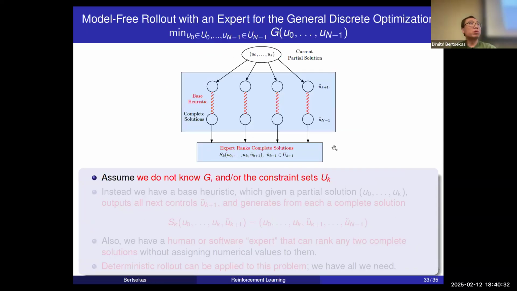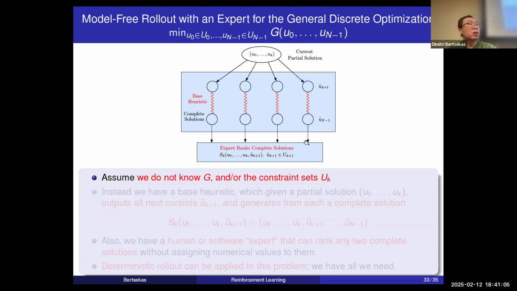Well, up until this point, we have talked about problems where we know the system dynamics, we enumerate all the possible controls at the current stage, we run simulation according to the base heuristic, we compute the Q factors and so on. But if you think about it, what we really need is just to find out a control that corresponds to something better given by the base heuristic, right?